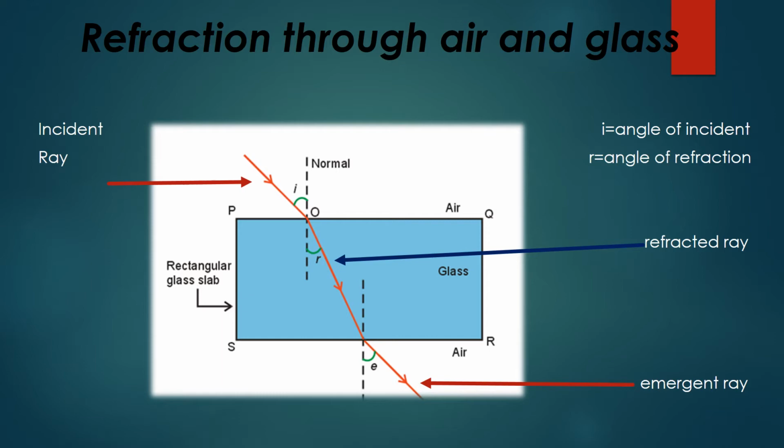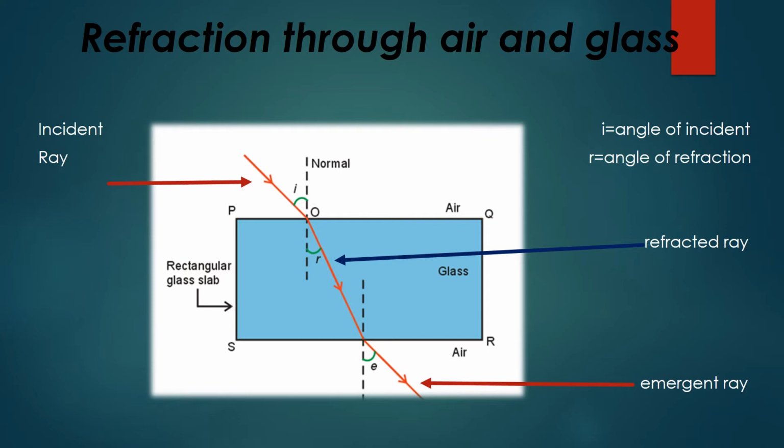Look at the picture very carefully, my dear children. When the incident ray comes to the surface of glass from the air, it bends towards the normal. Here, what happened to the refraction?